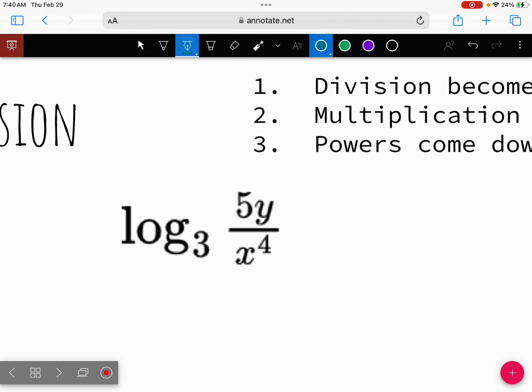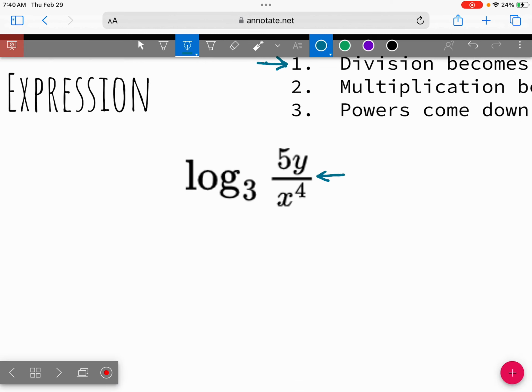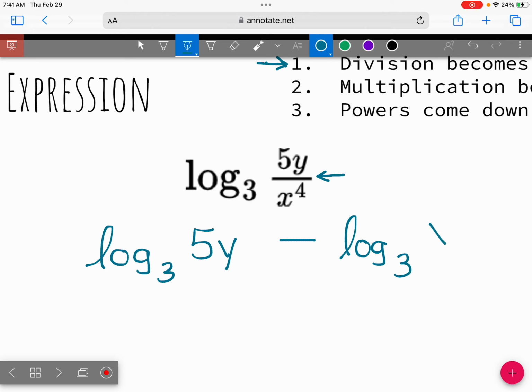Step number one is to take division and make it multiplication, or make it subtraction. I do have a division here. So my first step is going to take my numerator. So we're going to have log base 3 of 5y, and we're going to subtract log base 3 of x to the 4th.